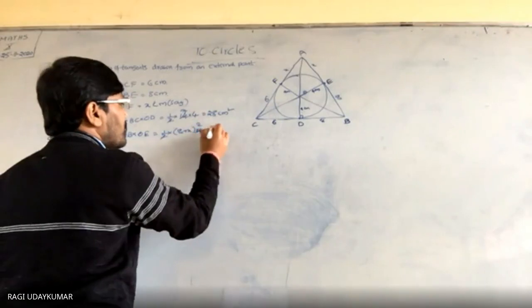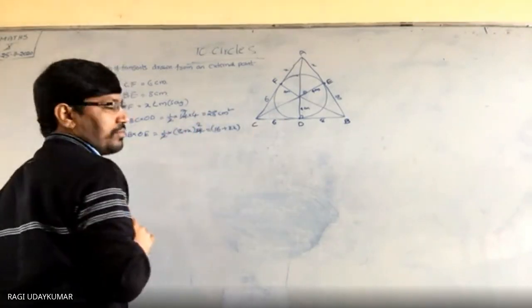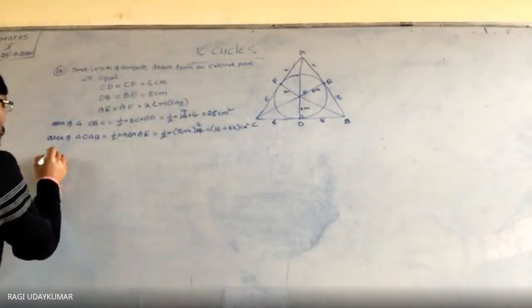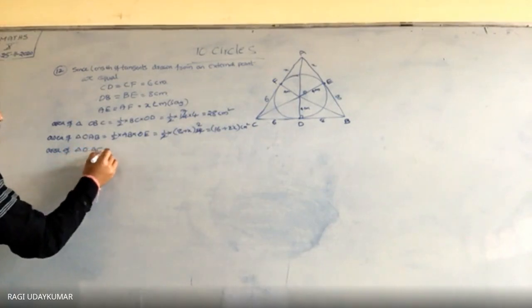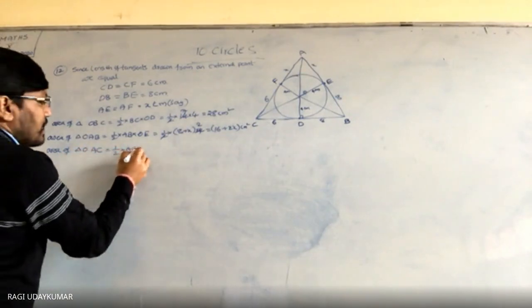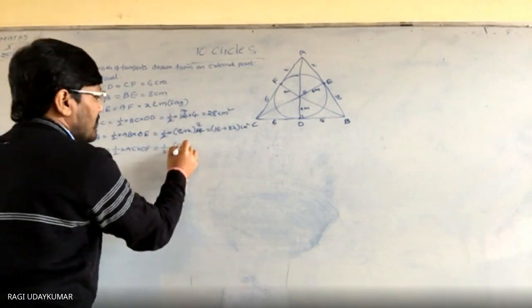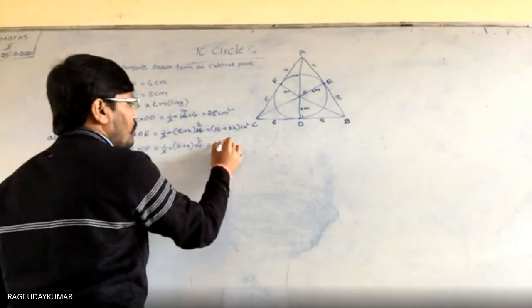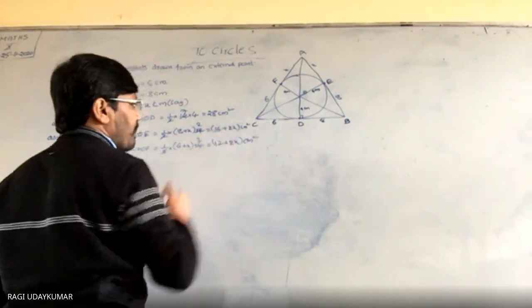So we get 16 plus 2x centimeter square. Next, the area of triangle OAC is equal to half into AC into OF. Half into AC, which is 6 plus X, and OF is 4. So that is equal to 12 plus 2x centimeter square.